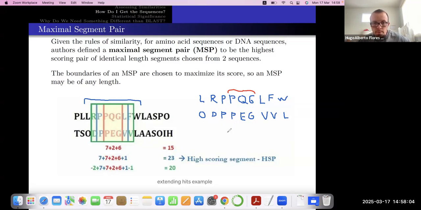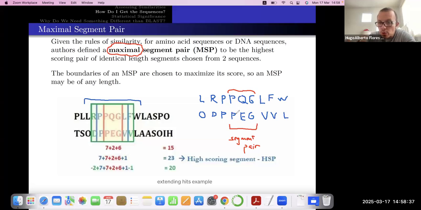This is a segment pair. We are not using the word maximal yet. Right now we have a segment pair, and this idea comes from considering a specific region of the sequence, the PQG.